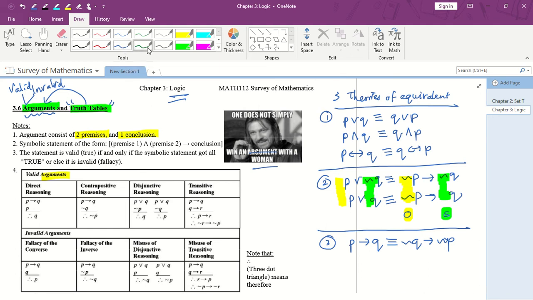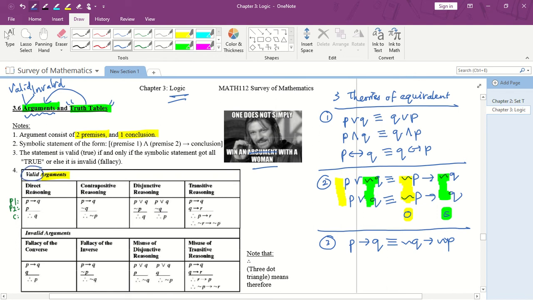An argument, as I have mentioned, always has a first premise, which I call P1, then P2, then a conclusion. Here is direct reasoning, and this is a valid argument.